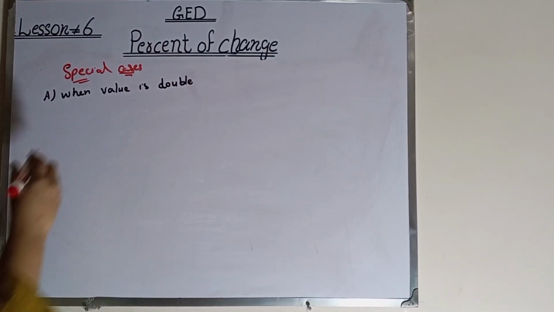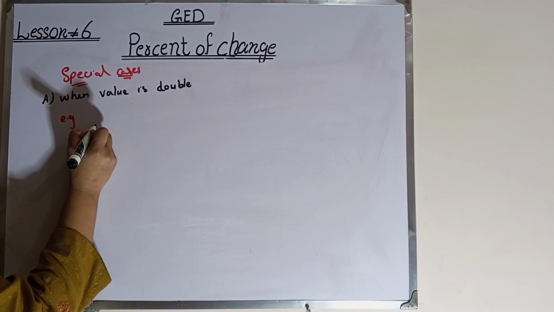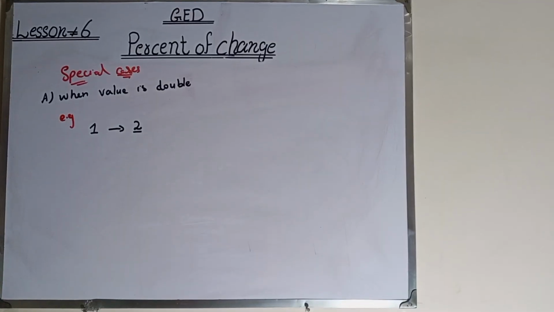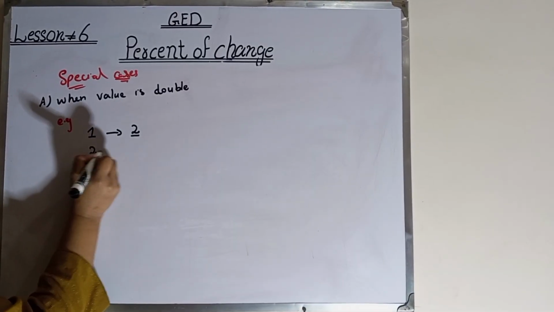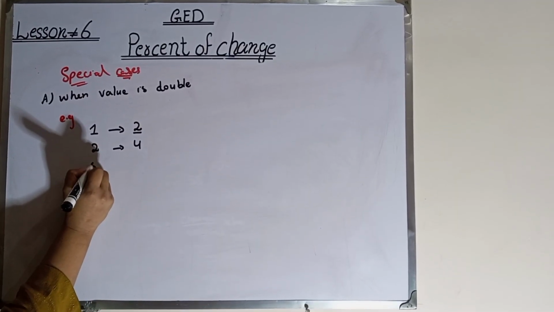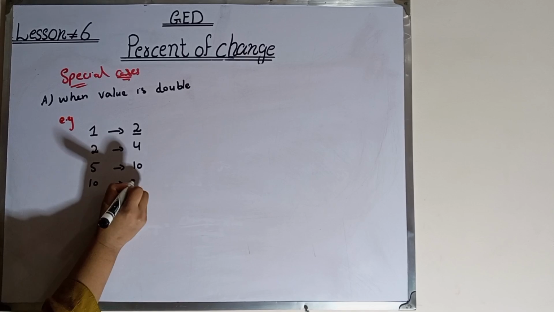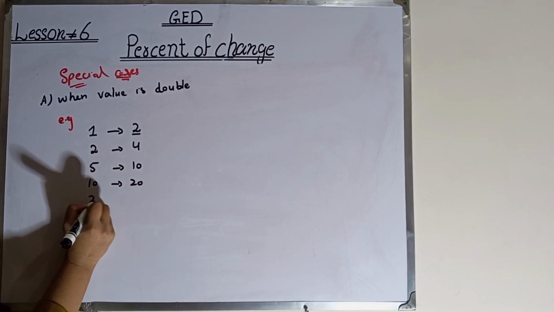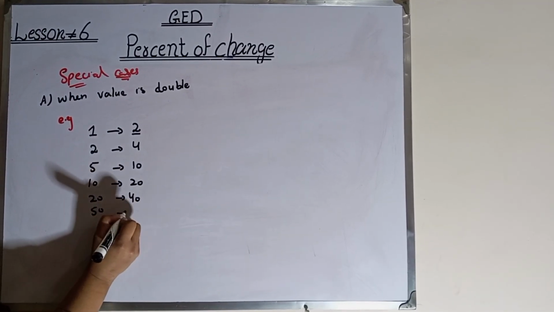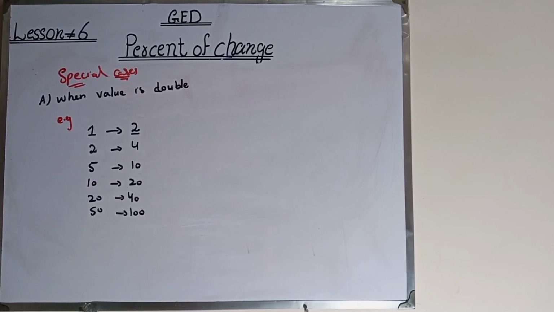Now for example, 1 increases to 2, 2 increases to 4, 5 increases to 10, 10 increases to 20, 20 increases to 40, 50 increases to 100. In all these cases, change is equal to original amount.